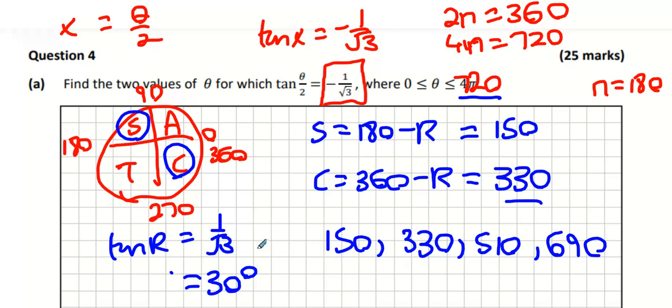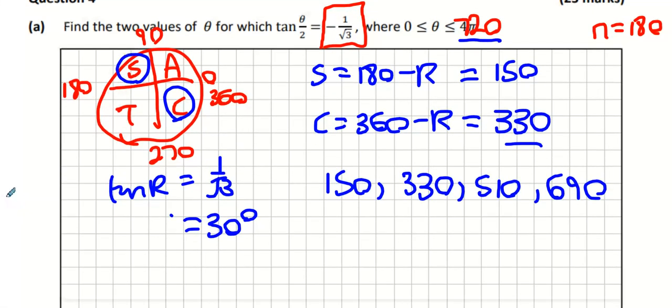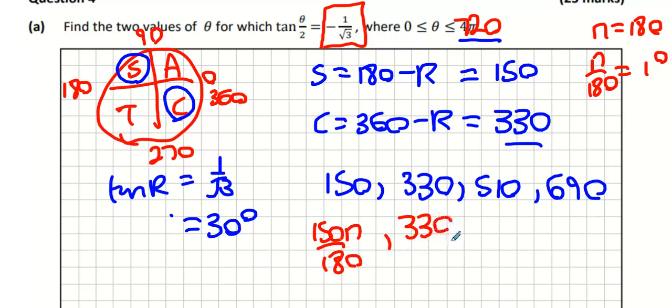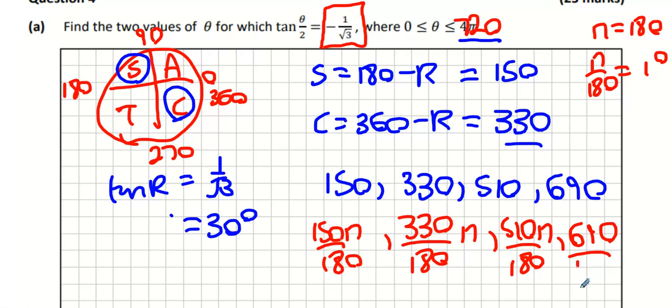Now, at this stage, I realized that I'm meant to be doing this in terms of radians. So I'm just going to divide everything by 180 and slap on a pi, because 1 degree is pi divided by 180. So 150 pi divided by 180, 330 divided by 180 pi, 510 pi divided by 180, and finally 690 divided by 180.